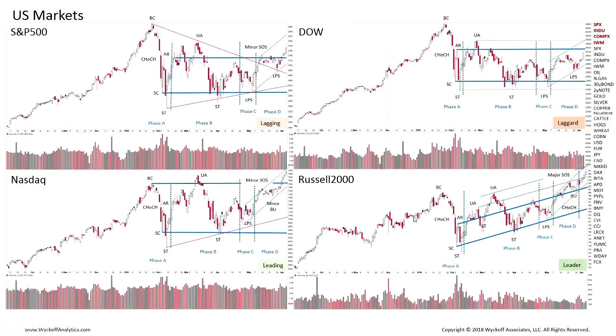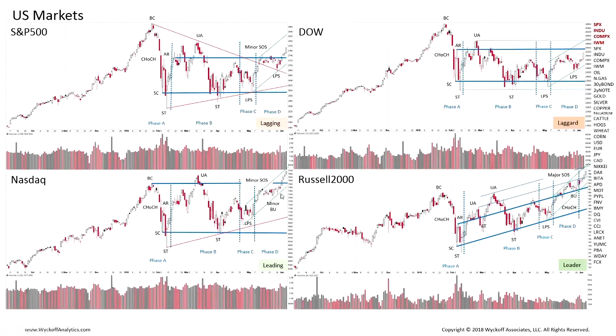The NASDAQ and the Russell, which are just stellar, have been leadership here, are at new highs. And so notice this with the NASDAQ. Look at how a low was made here, a test of the low, secondary test, a rally, and a last point of support, phase C. This is another higher low, three lows, second higher low, and then it rallies very well up to the resistance area and then puts in another pivot.